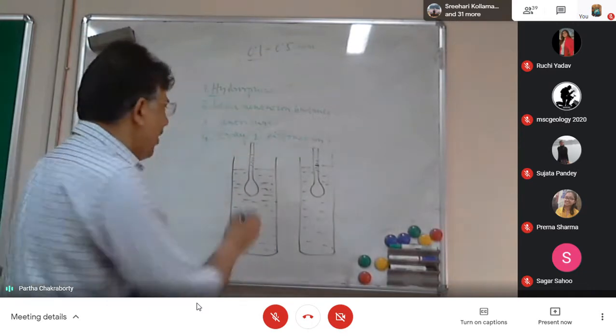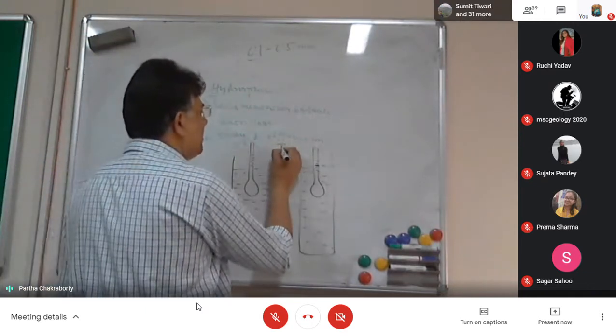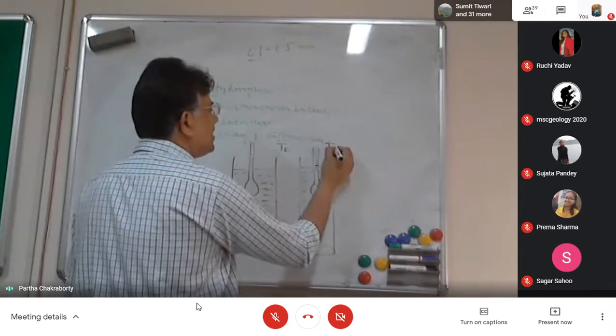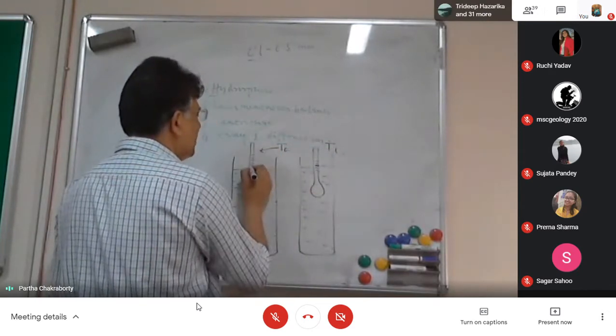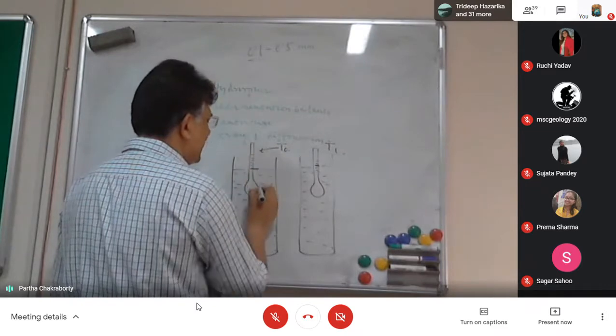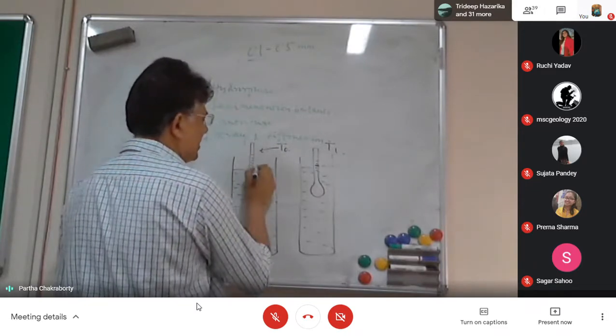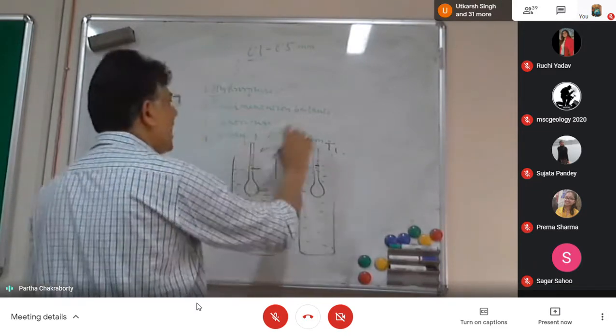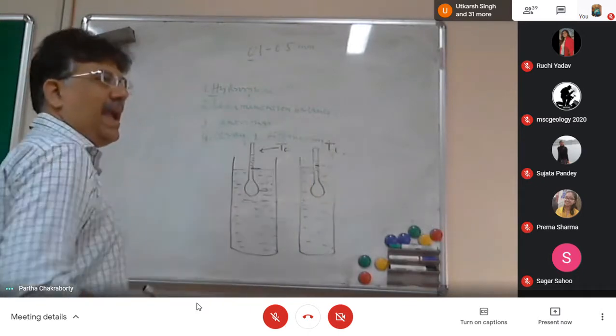You allow it to stand for a time t0, and then t1. At time t0, it is measuring that the density at this particular level is this. You allow it to stand for a time, and then what will happen?